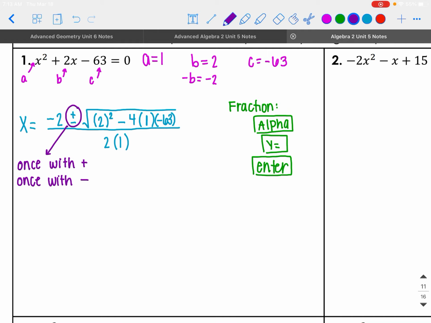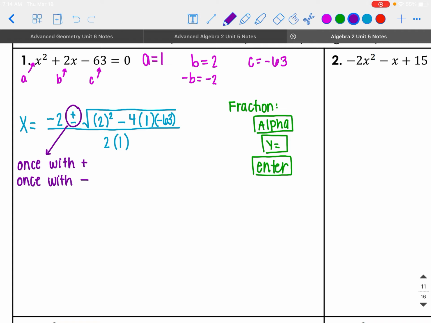So negative 2 plus the square root. Now I'm going to type the parentheses and all. Type it exactly as you see it. So parentheses 2, close parentheses, squared, minus 4 times 1 times negative 63.